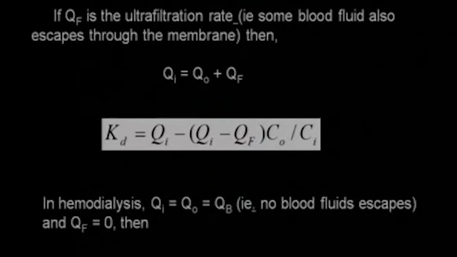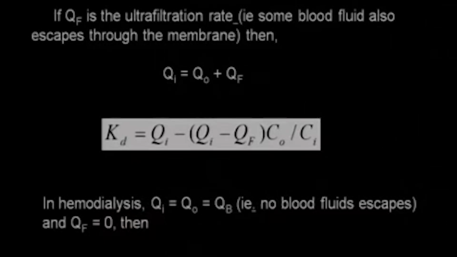Will C naught be greater than Ci or less than Ci? C naught will be less than Ci, very small, because we are trying to remove the salts. So C naught will be less than Ci, agreed. This gives you an idea about the clearance.